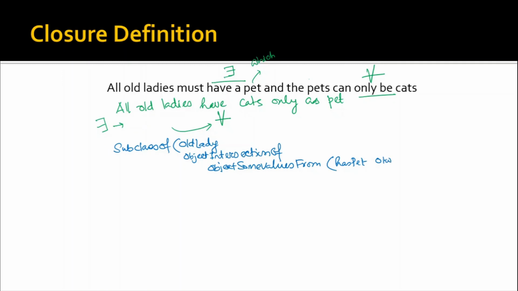So we'll just say owl thing. So one pet, right? And object all values from has pet to be cat. So we are ensuring that the pet that she is having is a cat, right? Okay, I guess we are done.